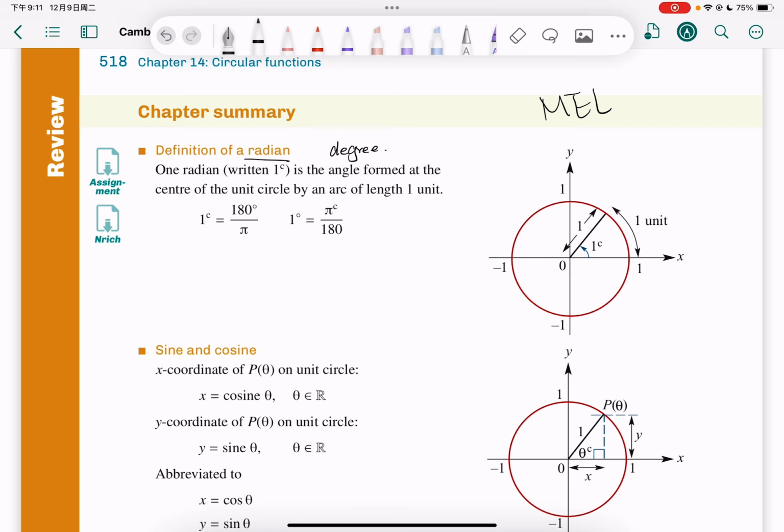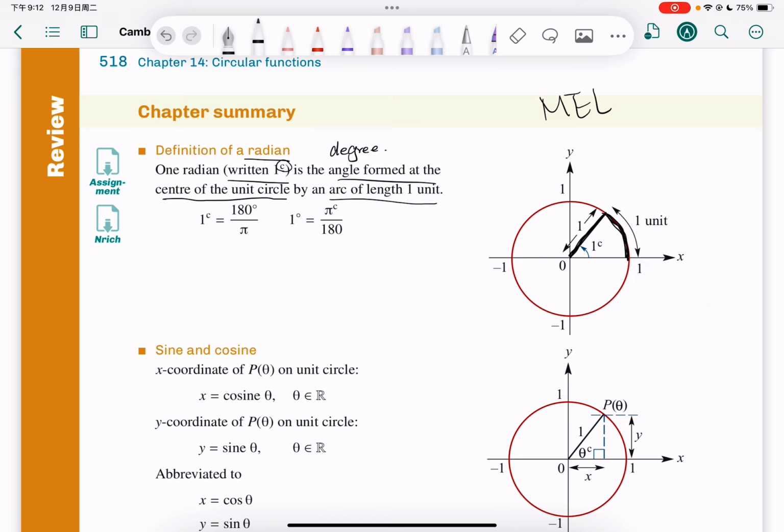So 1 radian, written as 1c, is the angle formed at the center of the unit circle. A unit circle means a circle with a radius of 1. It is formed by an arc of length 1. So the radian is defined by the arc, the length of the arc.